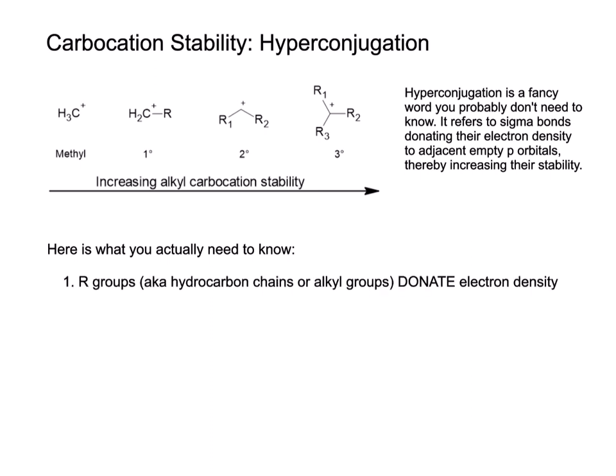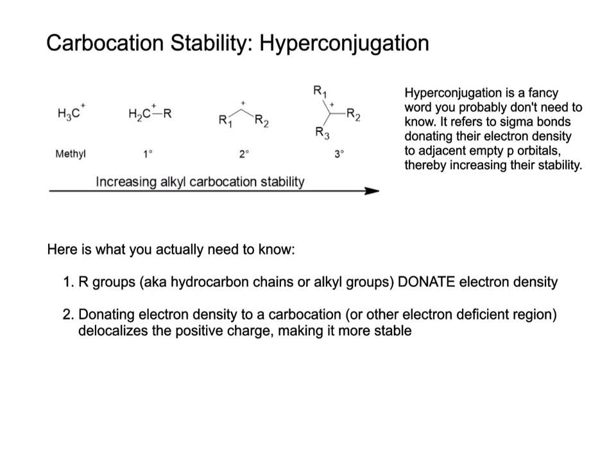First, R groups, also known as hydrocarbon chains or alkyl groups, so in other words, your methyls, ethyls, terbutyls, etc., donate electron density. Second, donating electron density to a carbocation, or any other electron deficient region, delocalizes the positive charge, which of course, according to our synonyms, means that we're making that positive charge more stable.